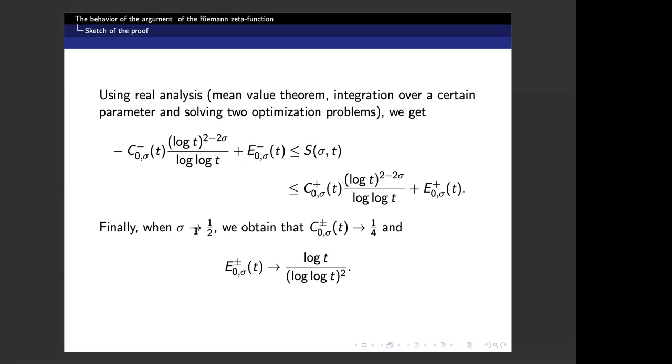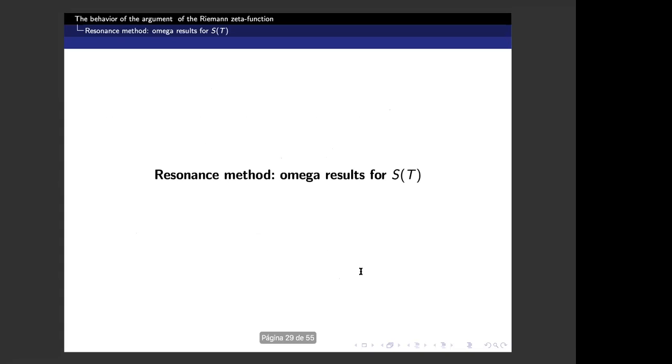When sigma goes to 1/2, you have here 1, so you have log t over log t, and this is the bound of Littlewood. And these error terms, where sigma goes to 1/2, we obtain these error terms. So finally, we can obtain the bounds for S sigma t using this method. Okay, this is the first part. I used band limited approximation to obtain bounds for the function S t.